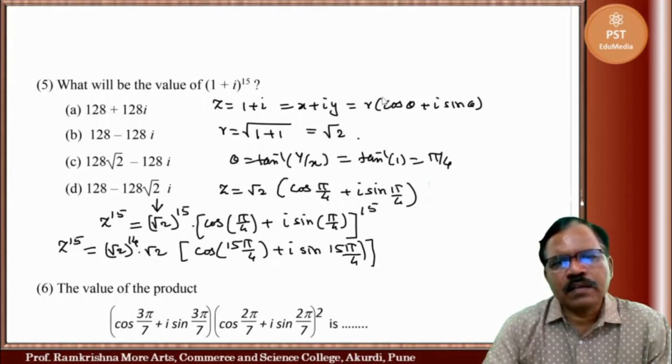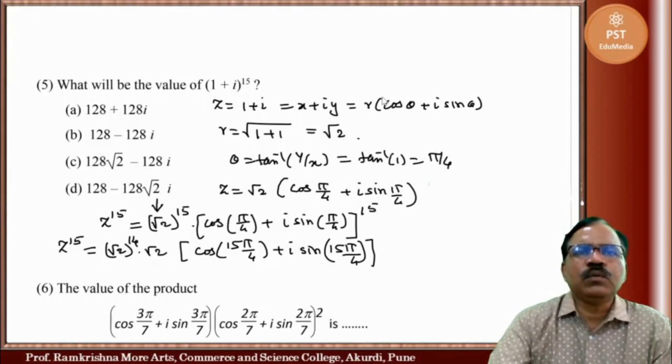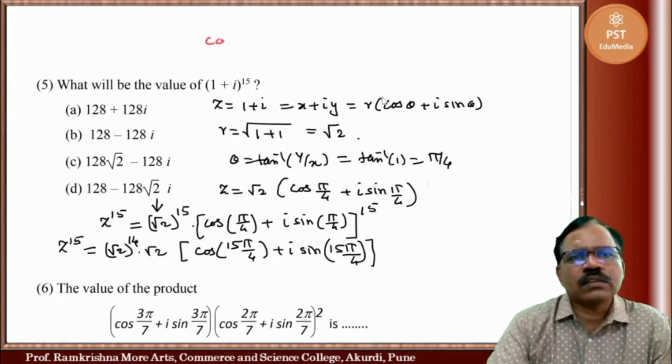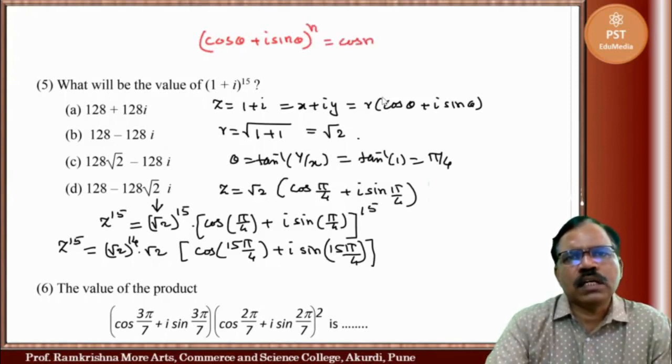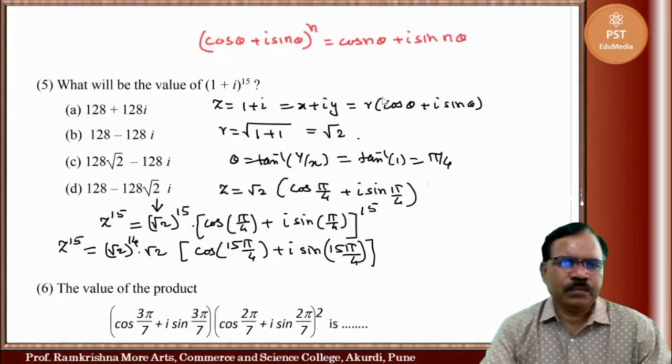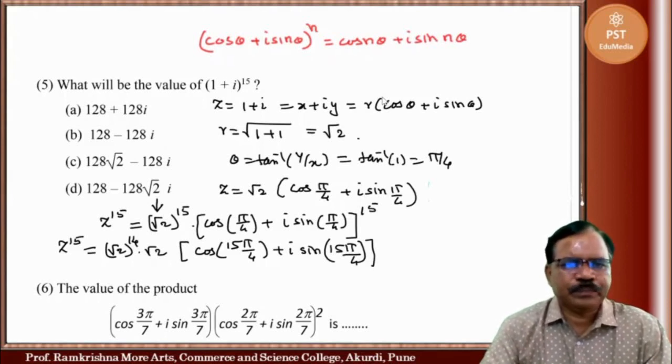Now here we have used de Moivre's theorem. What is de Moivre's theorem? That is, (cos theta plus i sin theta) raised to n is equal to cos n theta plus i sin n theta. This is de Moivre's theorem, so that I have used here.